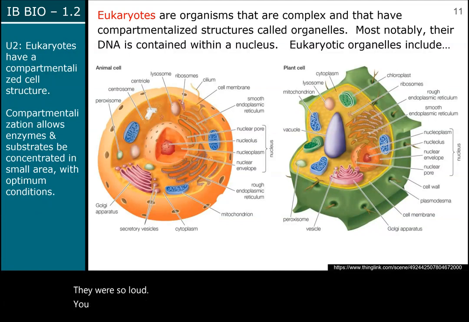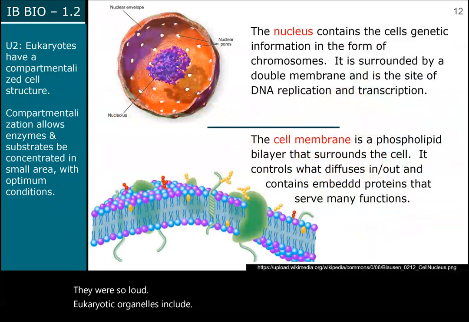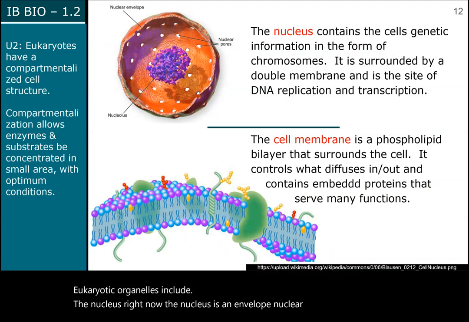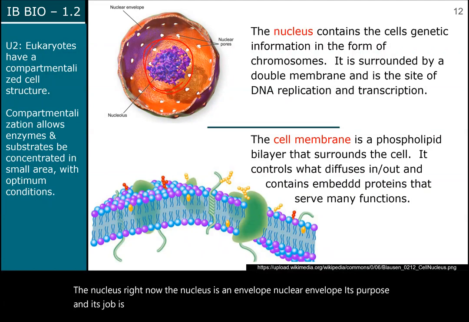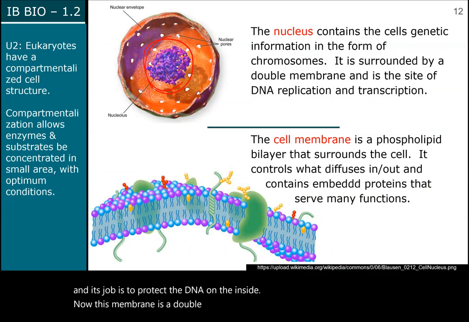Eukaryotic organelles include the nucleus, right? Now, the nucleus has an envelope, the nuclear envelope, and its job is to protect the DNA on the inside. Now, this membrane is a double membrane, meaning it's a phospholipid bilayer, just like the cell membrane itself, right?